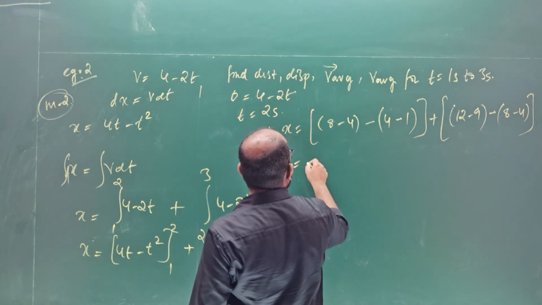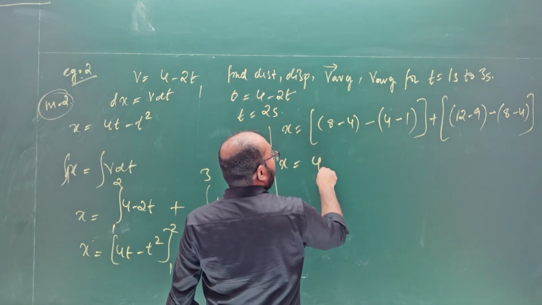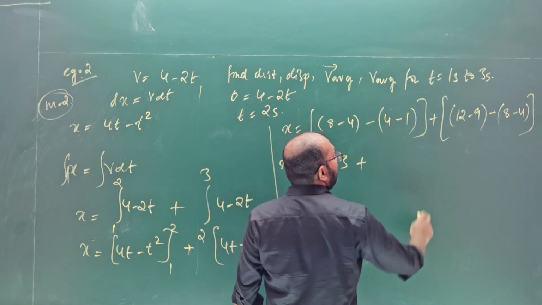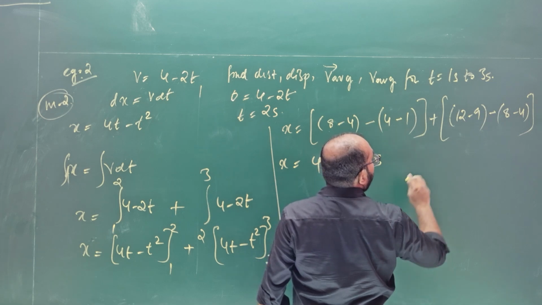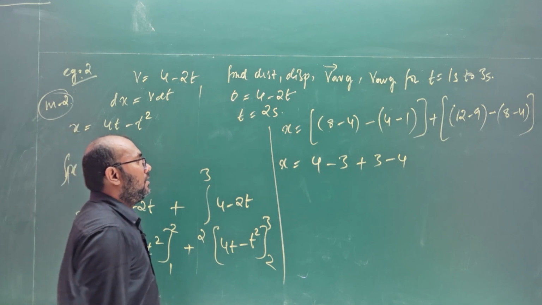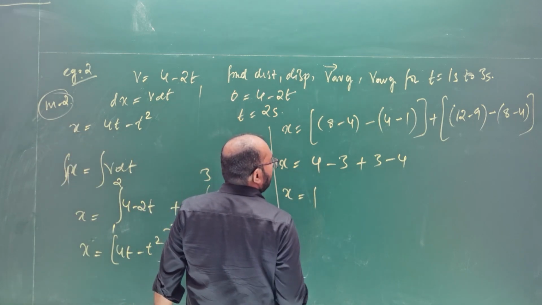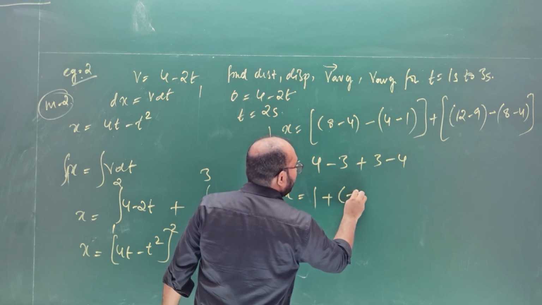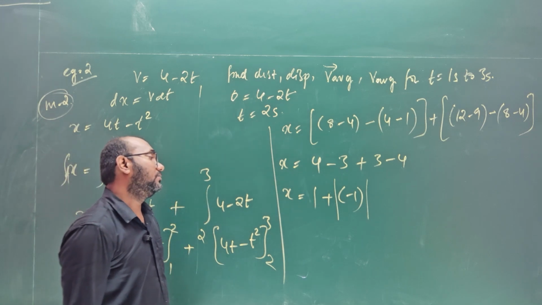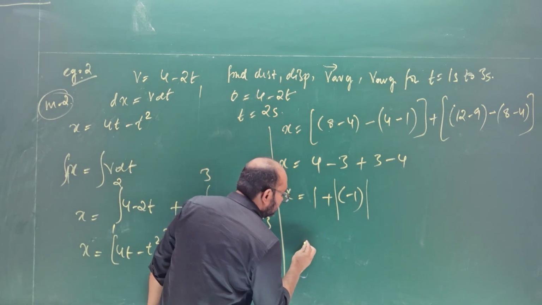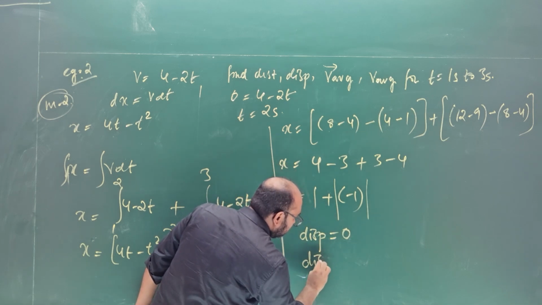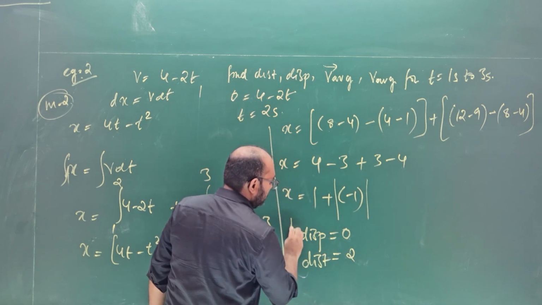Now solve this. x is equal to 4 minus 3 plus, this is 3 minus 4. So 4 minus 3, x is 1, and this becomes plus minus 1. If I take the magnitude, then it becomes distance. If I take only displacement, 1 plus 1 minus 0.